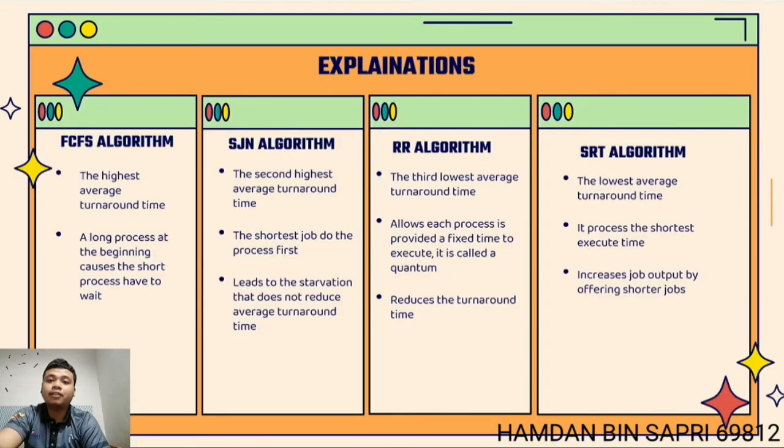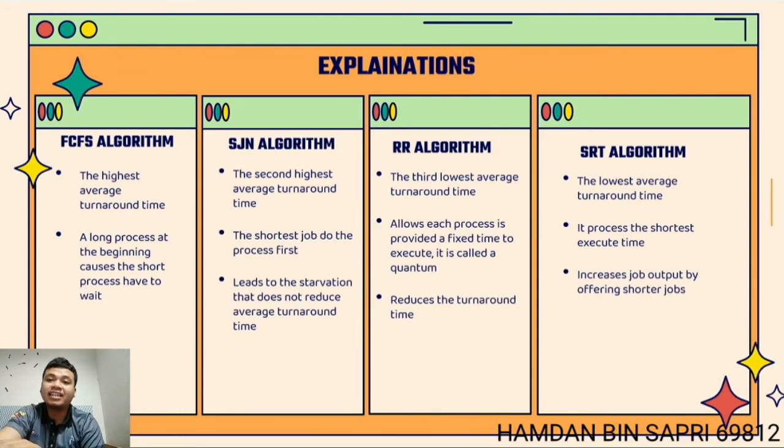Okay, based on the data from the graph, first come first serve is the highest average turnaround time, which did not have a good turnaround time. A long process at the beginning, because the short process has to wait until the long process ends before it begins to process.